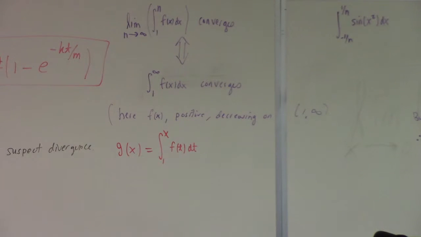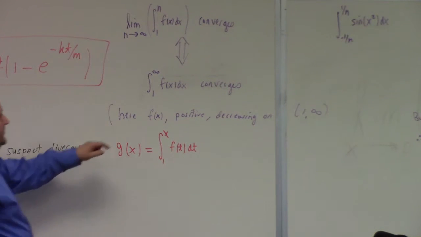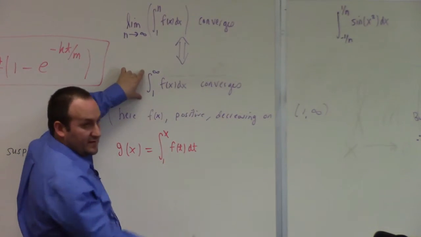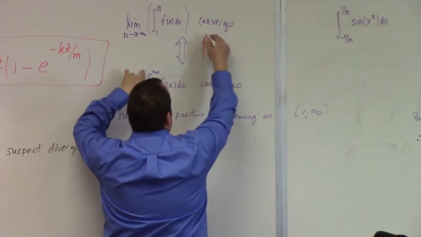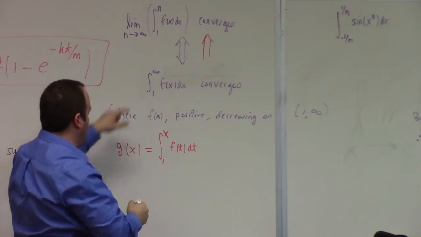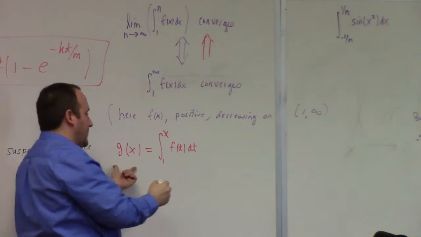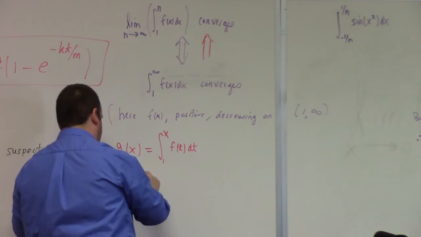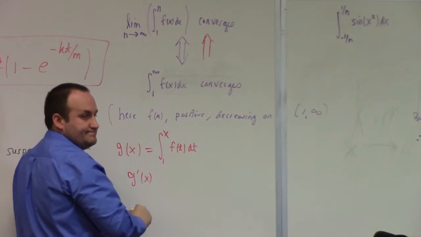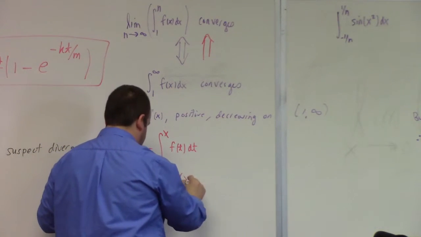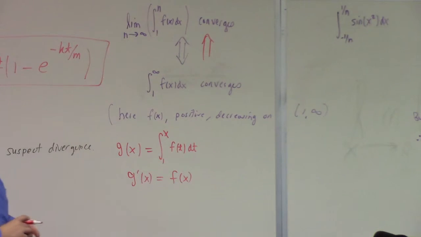Well, certainly I can prove that if the continuous limit of the area function exists, sure. I have no trouble going from this to here because I can look at g of x. What's g prime of x? It's f of x.